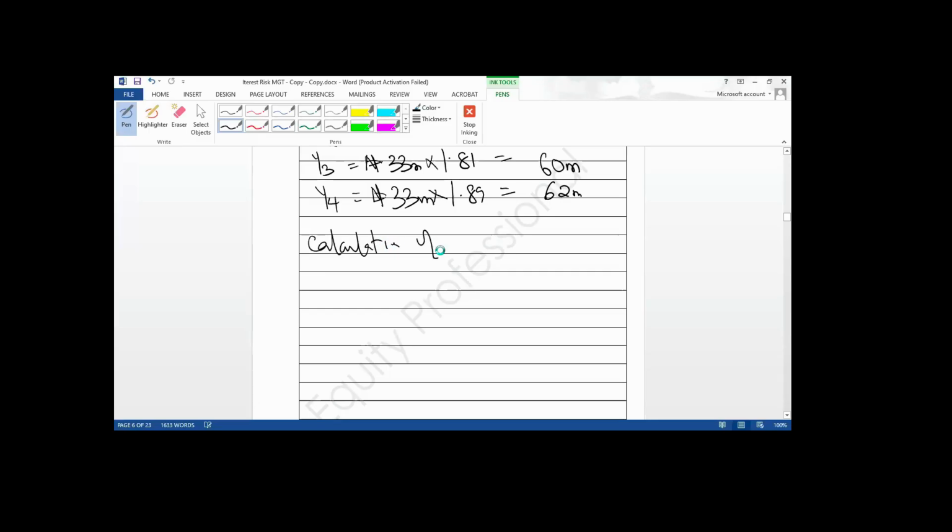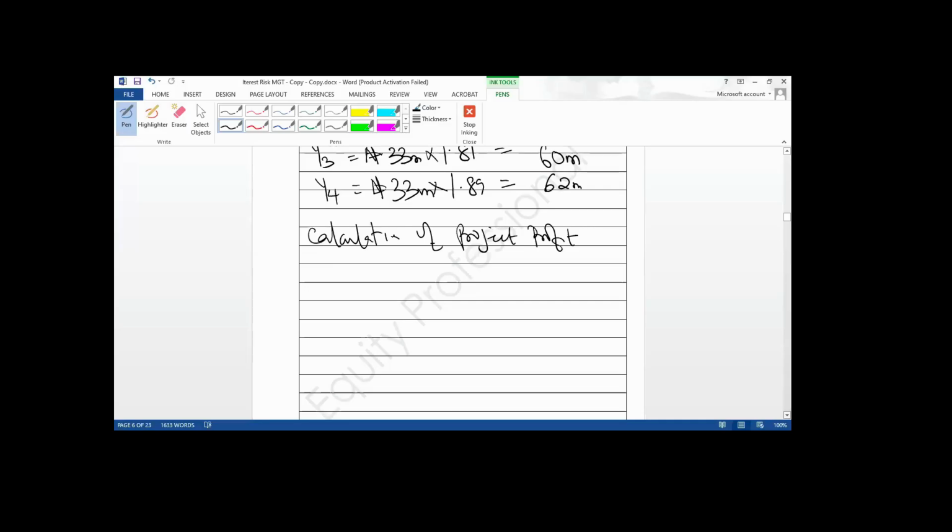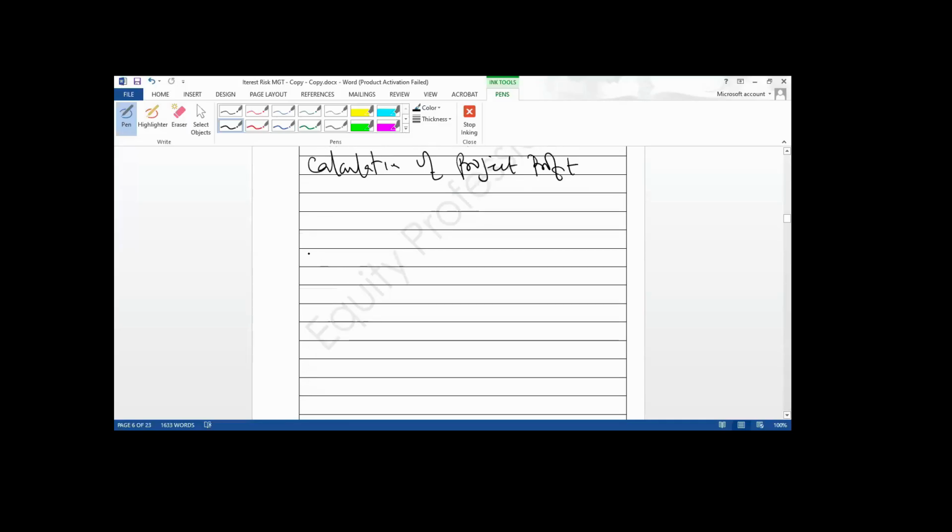Calculation of project profits. You have the year: year 0, year 1, year 2, year 3, year 4, year 5.